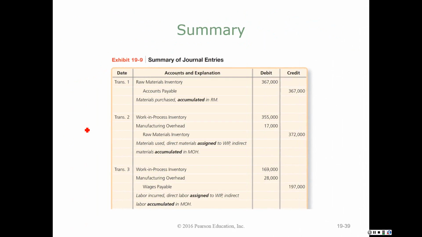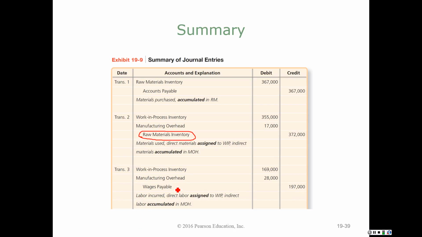So in summary, we can look back through our journal entries to see I purchased raw materials. I moved those raw materials into work in process, the direct and the indirect. I took them out of the raw materials inventory with a credit, and I moved them into work in process. We did the same thing with wages.